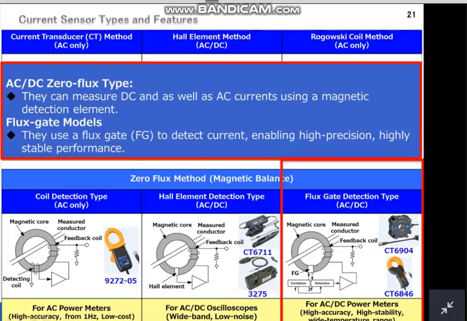Flux gates have high sensitivity, so much so that they have long been used to observe geomagnetism. One of their outstanding characteristics is that they exhibit almost no offset drift. Consequently, they offer excellent long-term stability and extremely high precision. This type of sensor is ideal for measurement of batteries and inverter power. That is why these are used in combination with power analyzers.